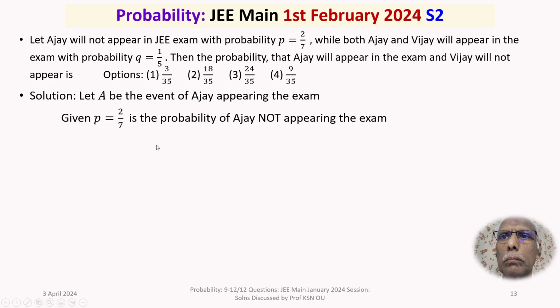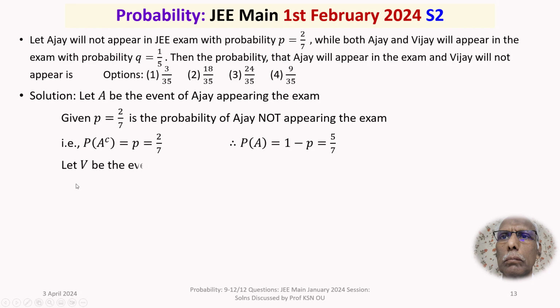So, 2 by 7 is what? Probability of A complement. That is, probability of A complement is p, that is 2 by 7. Therefore, the probability of A will be 1 minus p, that is 1 minus 2 by 7, that is 5 by 7. Agreed. This is the probability of Ajay appearing in the exam.